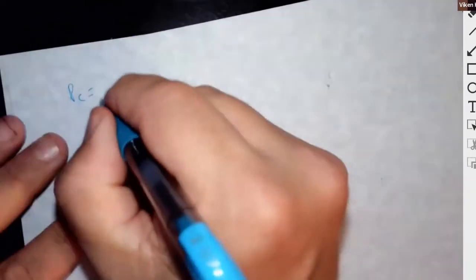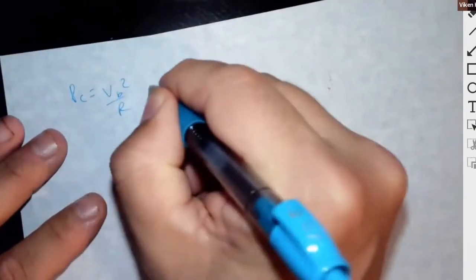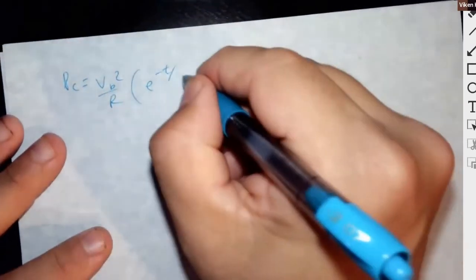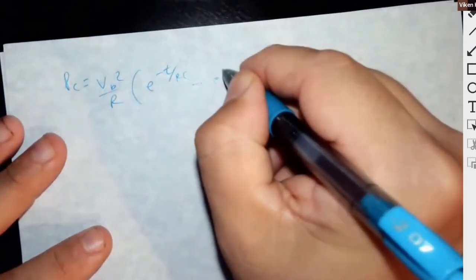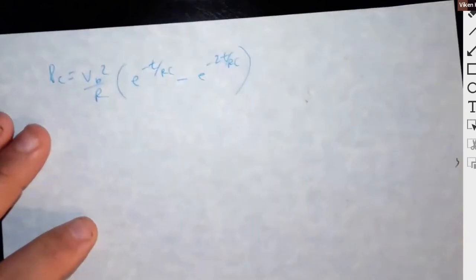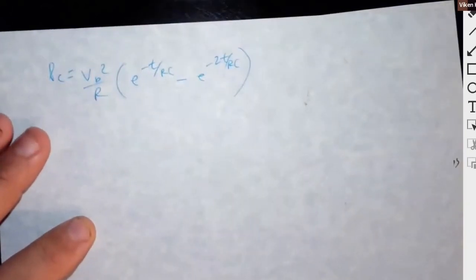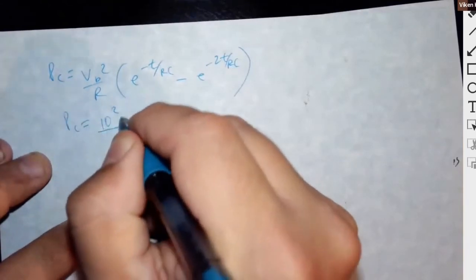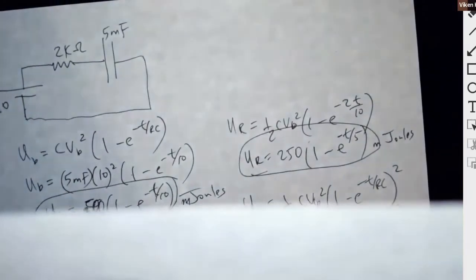It's just VB squared over R, times e to the minus T over RC minus e to the minus 2T over RC, right? So in our case, it's 10 squared over, what was my R? 2 kilo ohms.